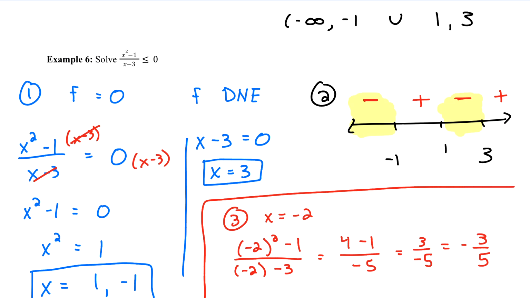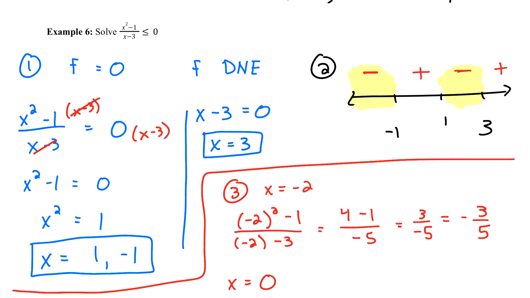What we can look at is how we found these partition numbers. Remember, at the very beginning of this problem, we said we were looking for places where f is equal to 0 and places where f does not exist. So how did we find -1 and +1? Well, we found those by taking our function and setting it equal to 0.